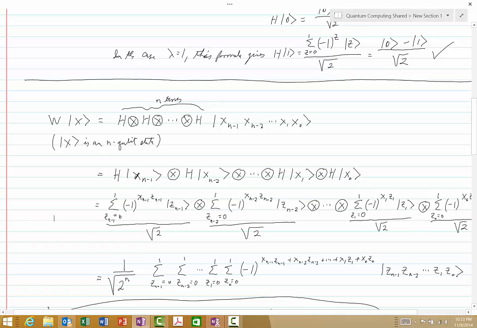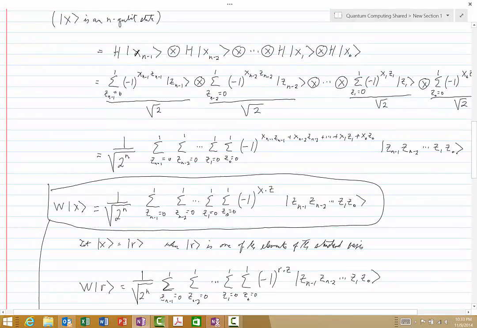X here is an n qubit state, and so we're going to let W operate on x, and when we work through this, this is the result that we obtained, that W acting on any n qubit state x would be 1 over the square root of 2 to the n times the summation over, we have zn minus 1 could be 0 or 1, zn minus 2 could be 0 or 1, z1 could be 0 or 1, z0 could be 0 or 1, of -1 to the x dot z.